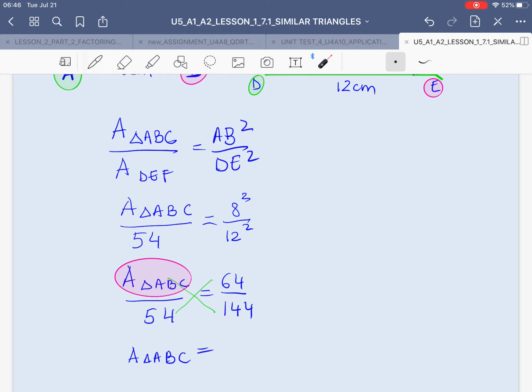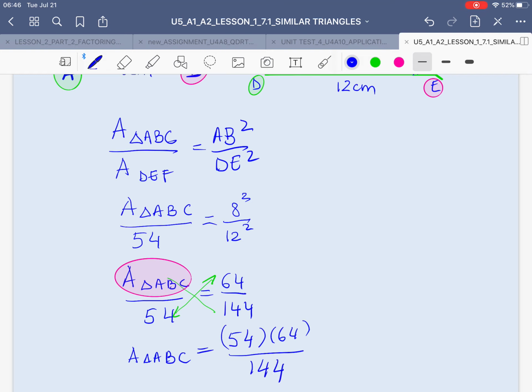Then you would have to multiply first the two lengths in here, 54 times 64 in our case. And then you have to divide by the number that is across from the unknown. That would be division because that becomes coefficient, all right? So over 144.